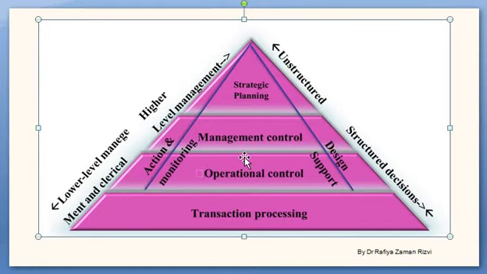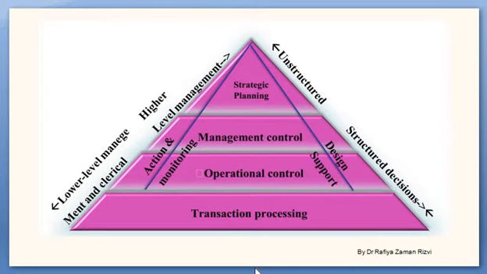And when the middle level interacts with the lower level, they communicate the rules and regulations that have been mentioned to them, and the targets, all these things are updated to them.